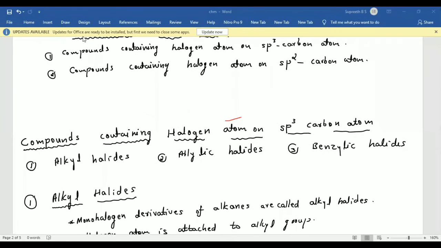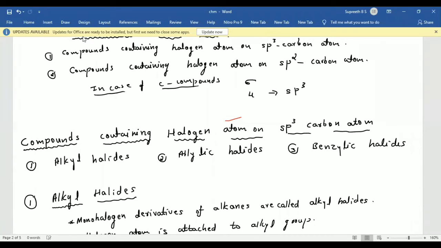Basic point, in case of carbon compounds, how to identify the hybridization? Already you discussed that in first year, based on the number of sigma bonds. If a carbon contains 4 sigma bonds, then it is sp3 hybridized.